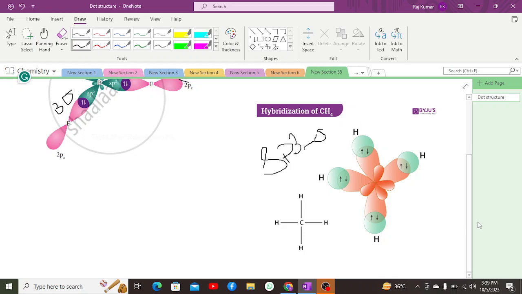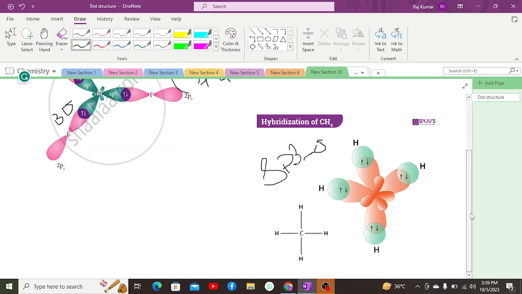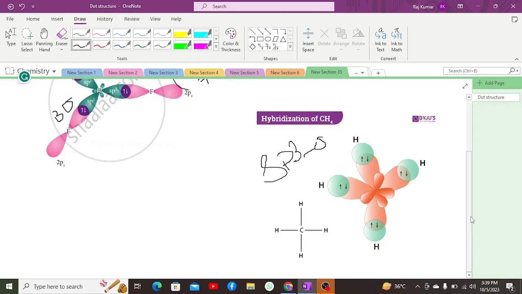The central atom is chosen on the basis of the number of atoms: in CH4, C has the least number, less than hydrogen, so we count C as the central atom, while H4, being the highest number in the molecule, will be on the sides as the surrounding atoms. This is how the structure is formed.